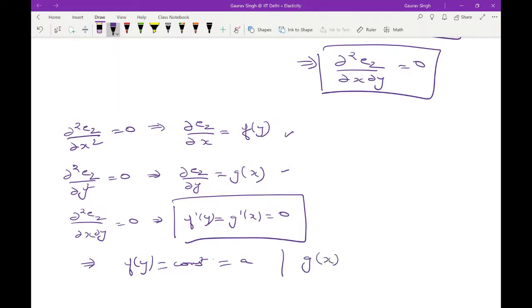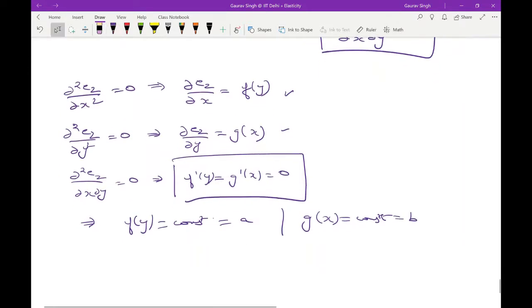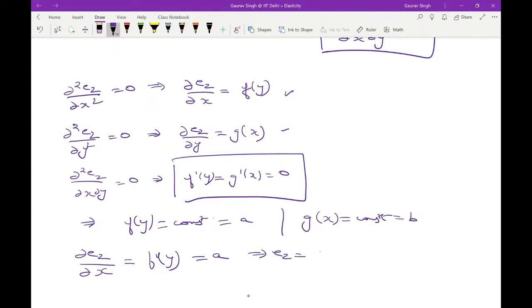Similarly, g of x is also a constant, and it's equal to b. Now you can write ∂Ez/∂x is equal to f of y is equal to a. This implies Ez is equal to ax plus f of y.